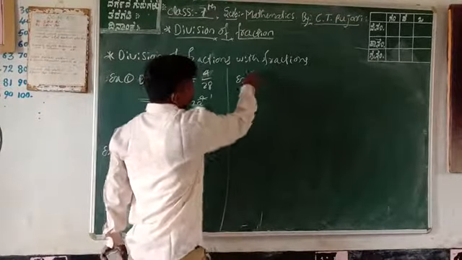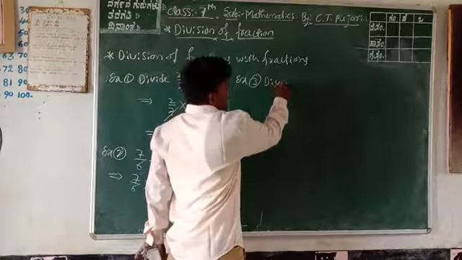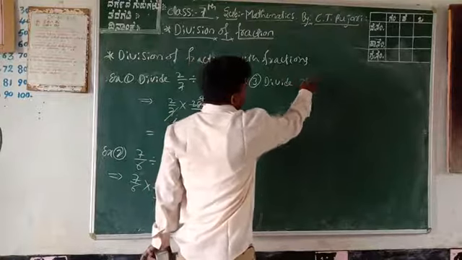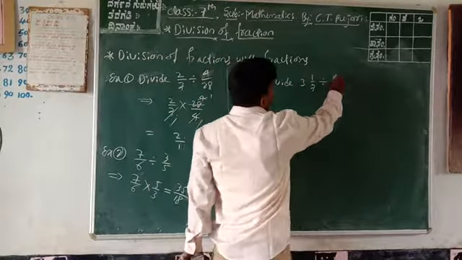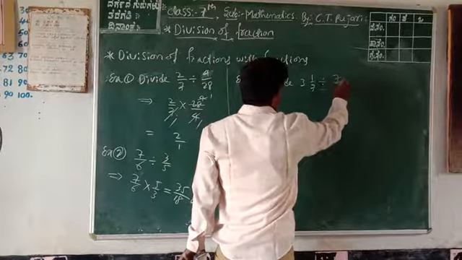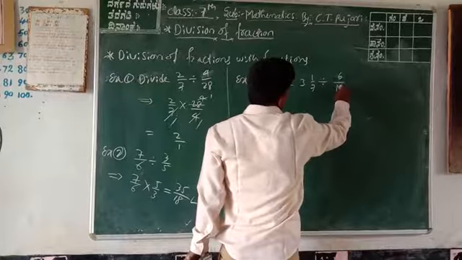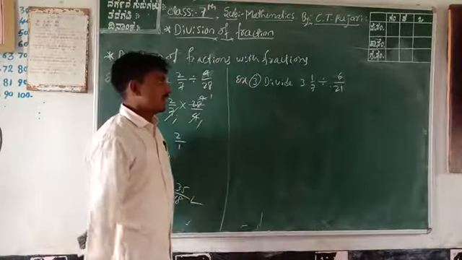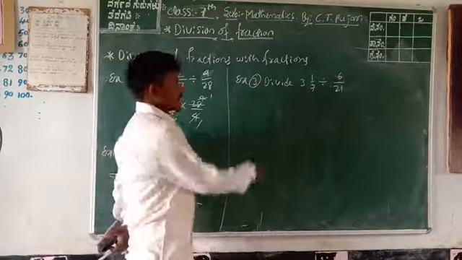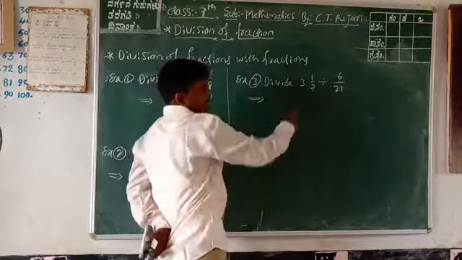Next, third example. Example number 3. Divide 3 integer 1 by 7 divided by 6 by 21, simplification. First part, the first number, same as it is, but the first fraction is a mixed fraction.